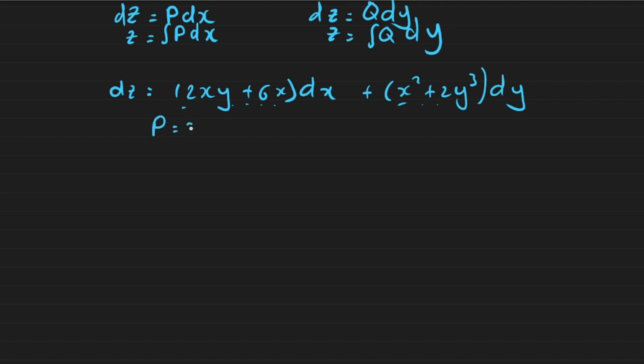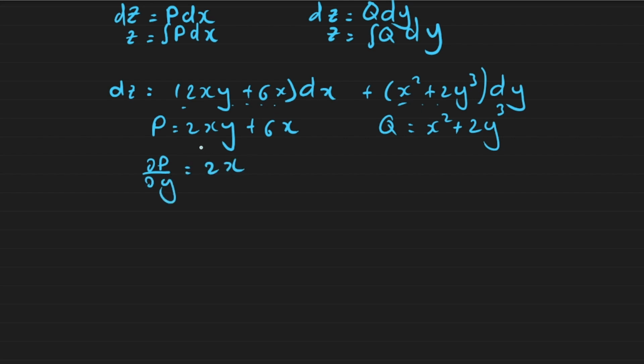So p would equal 2xy plus 6x, and q would equal x squared plus 2y cubed. Firstly, we check if this is an exact differential. The derivative of p with respect to y is just 2x, since y to the power 1 leaves us with 2x. Then the derivative of q with respect to x is also 2x. We see that they're the same, so we can proceed.